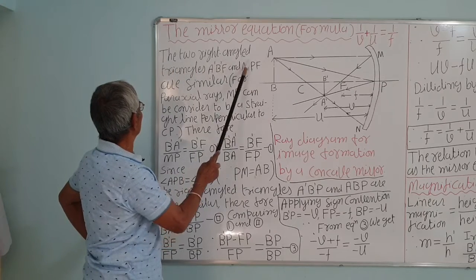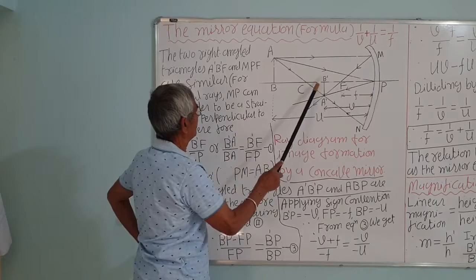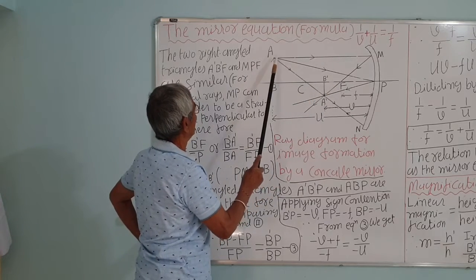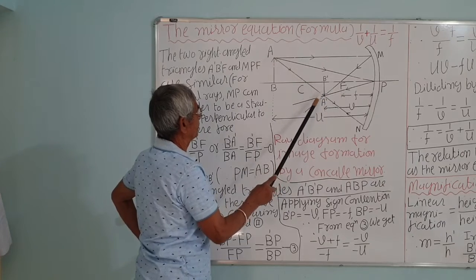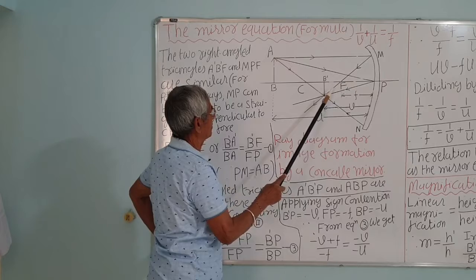Now consider the 2 right angle triangles, B dash A dash F and MPF. These are the 2 triangles.